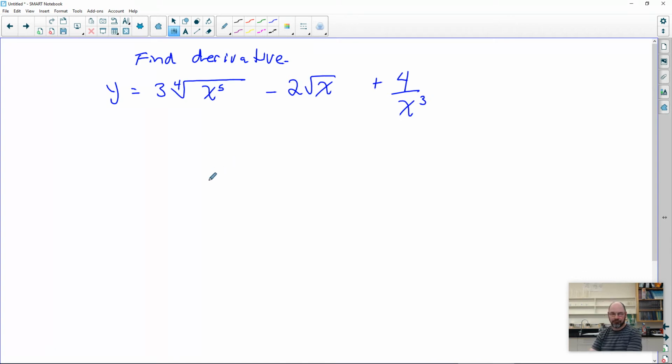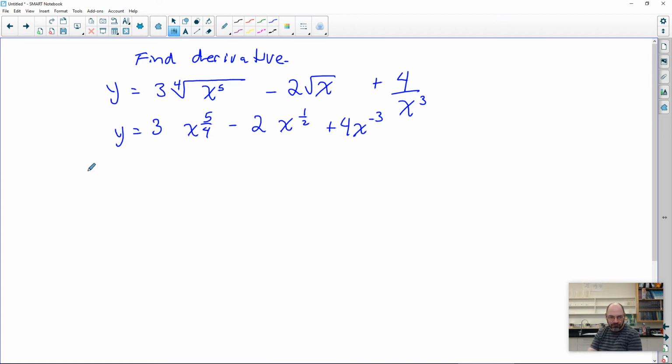Okay, so let's rewrite it first. So this is going to be 3x to the 5 over 4, that's in the denominator. Minus 2x to the 1/2. Remember, if there's nothing in that root, that's a 2. Plus 4x to the negative 3, not negative 1/3, negative 3.